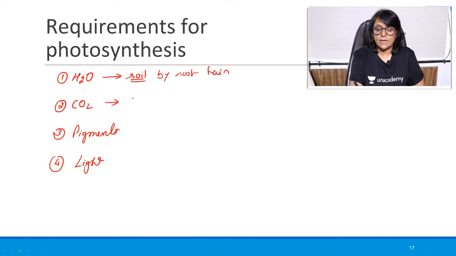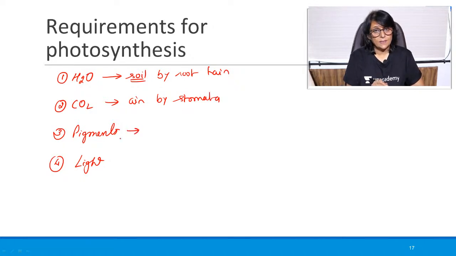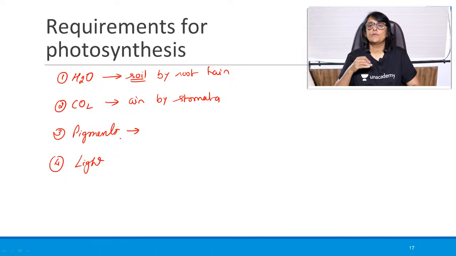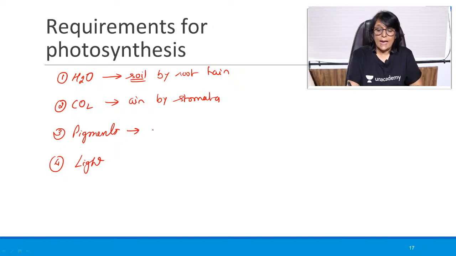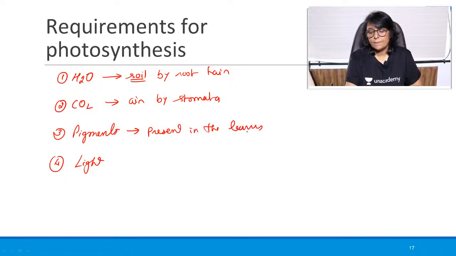Carbon dioxide is taken from air by the tiny openings, that is stomata. Pigments. There are many pigments, chlorophyll, carotenoids and all, and these pigments are present in the leaves. And light is the solar energy that we are talking about.